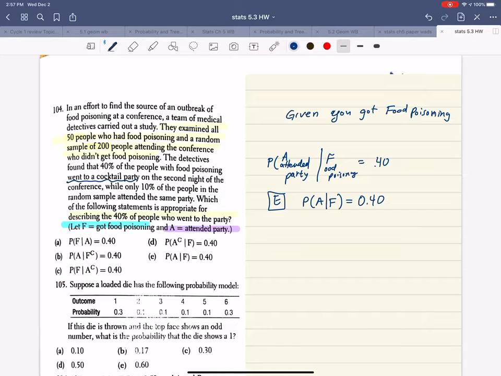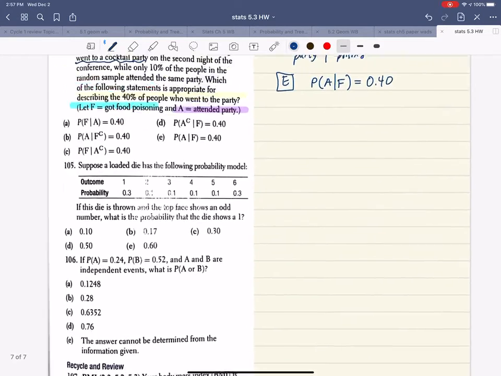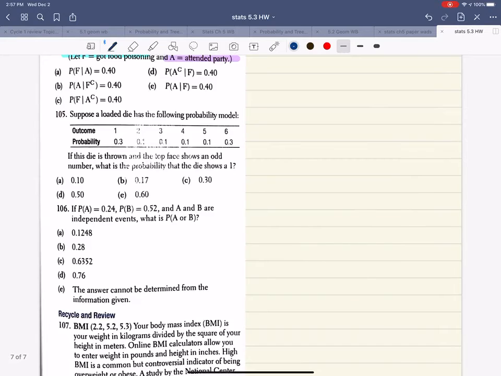Nice, okay. Now, 105, we see in the back of the book our answer is E. So let's see how we got this. Okay, so here's our probability space. All these have to add up to 1. And it's saying if this die is thrown and the top face shows an odd, so this would be odd.